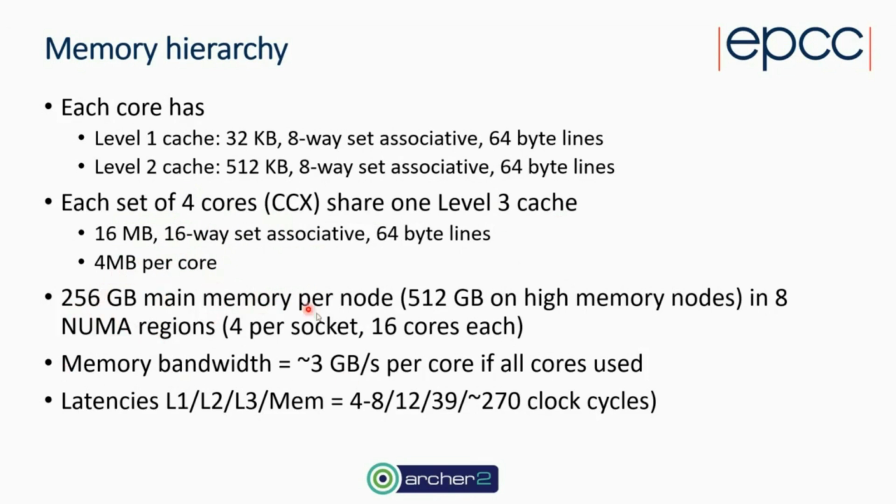There are 256 gigabytes of main memory per node. Once the full system is installed, we'll get these 512 gigabyte nodes as well. And as I said, this is 8 NUMA regions per node, 16 cores in each, 4 per socket, 4 per processor.